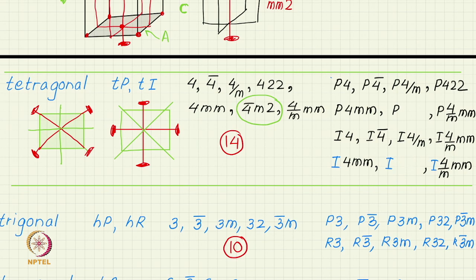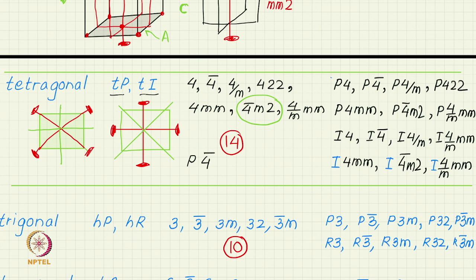So, in both cases, let me write whatever I had written initially, 4 bar M2 and 4 bar M2, but now for both the lattices, the primitive and the body centered, I generate two more space groups by putting it in a different orientation, and that is described by writing M and 2 in a different sequence.